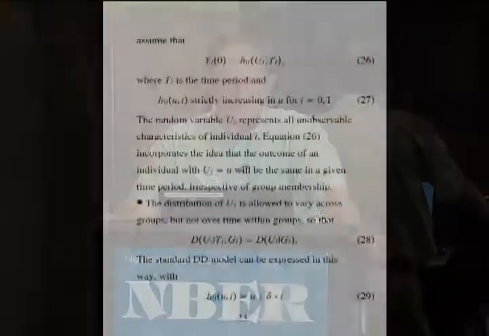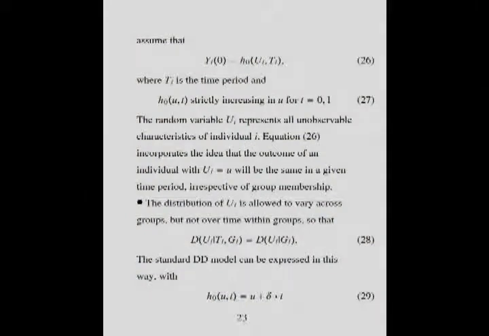And what they do is they basically relax the linearity assumption that is implied by the usual treatment effect model. And the way they do that is they think of the time period, they just index this with an i for observation. So in other words, you can think of just drawing from this population of people, and a time period comes with each individual unit as well as group membership.